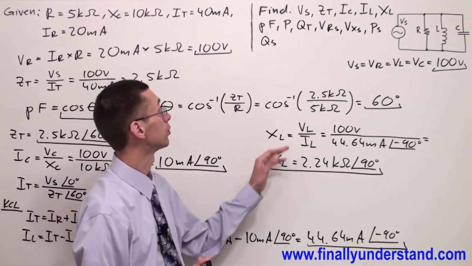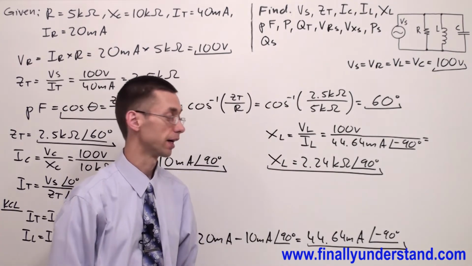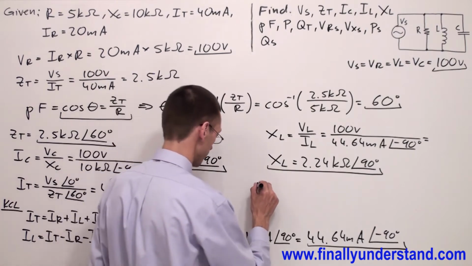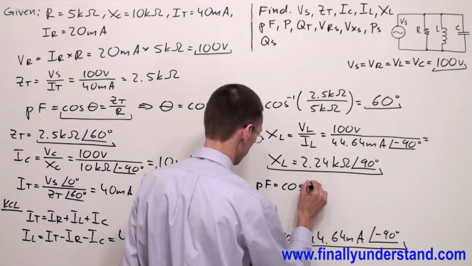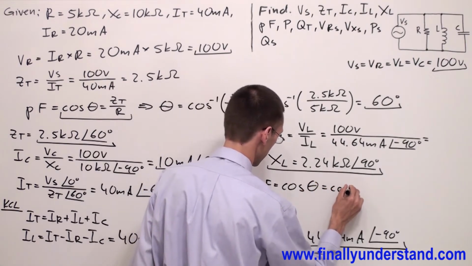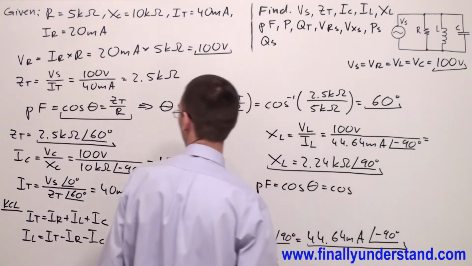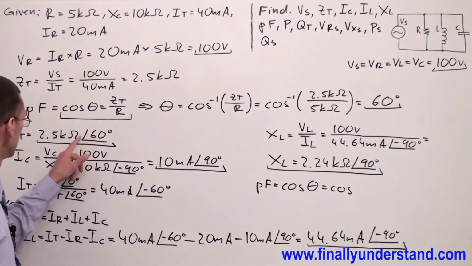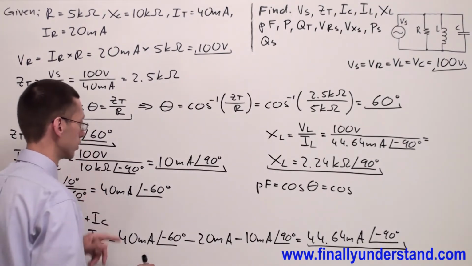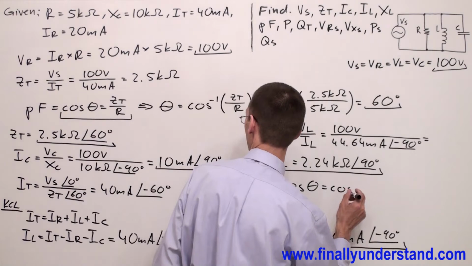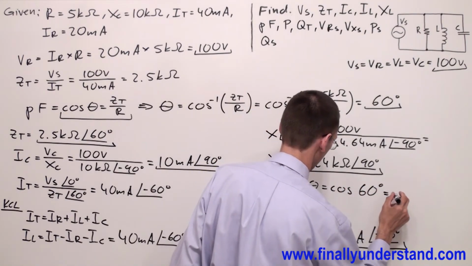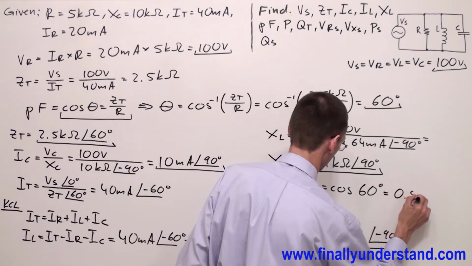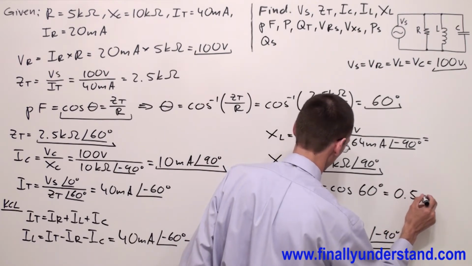Next, we are going to find the power factor. Power factor is equal to the cosine of angle theta. Cosine, in this case, of the angle which is next to Z total, right? Magnitude of the Z total. So this is cosine of 60 degrees, which is equal to 0.5, and I'm supposed to write the word lag.